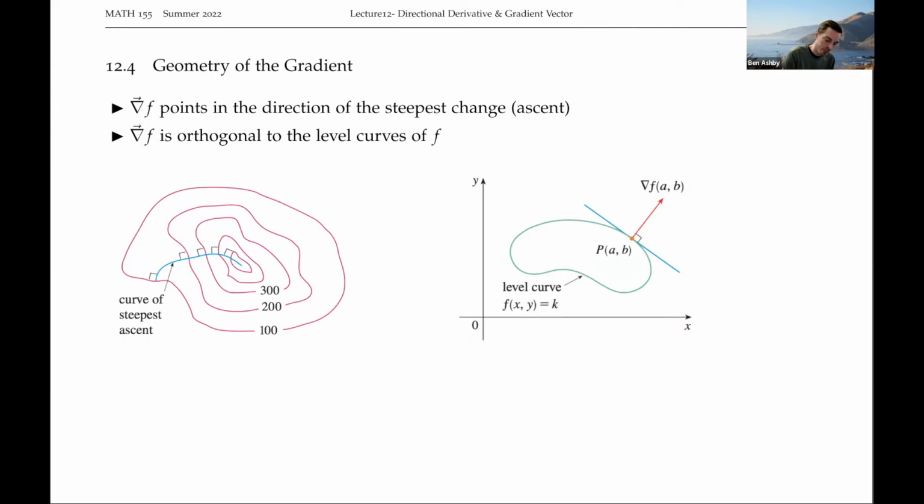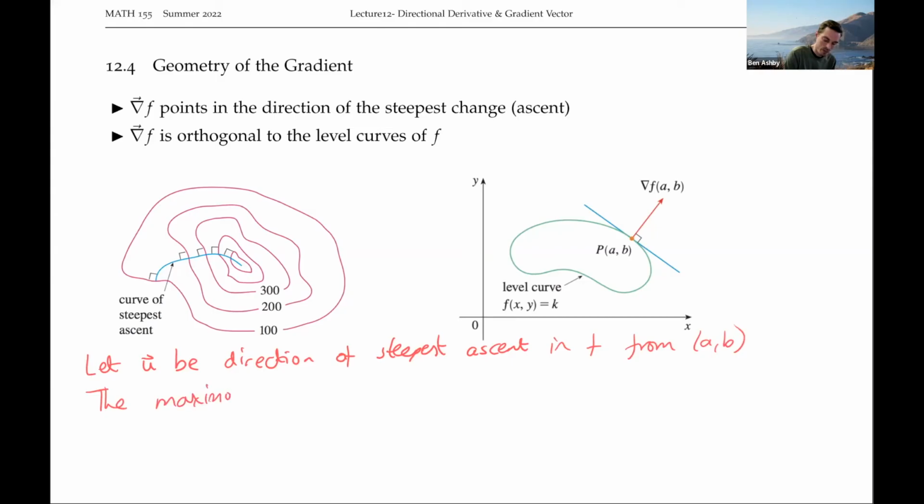Let u be the direction of steepest ascent, and the maximum change in our function is where our directional derivative, D_u f(a, b), is biggest.